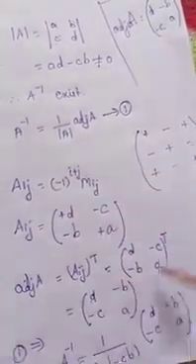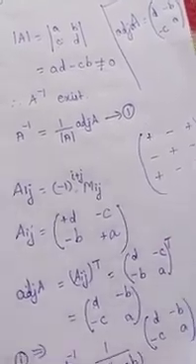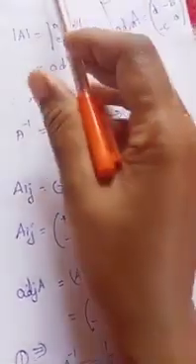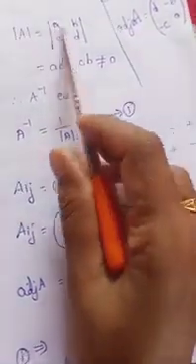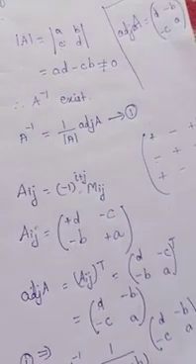You need not do all these steps. For a 2 by 2 matrix, you can directly write the answer: exchange the main diagonal, this A, D, and for the other elements just change the symbol. Shall we do one more problem if you have a doubt?